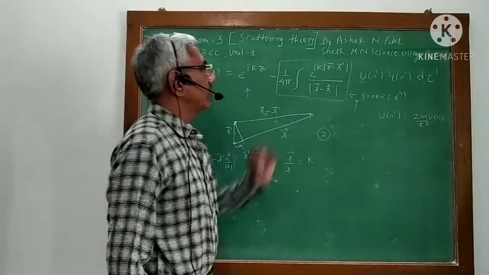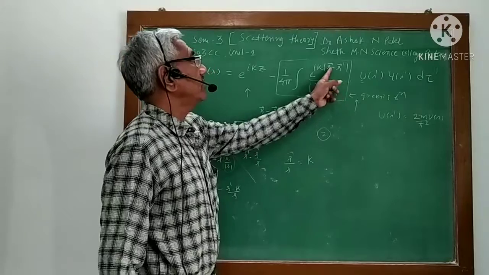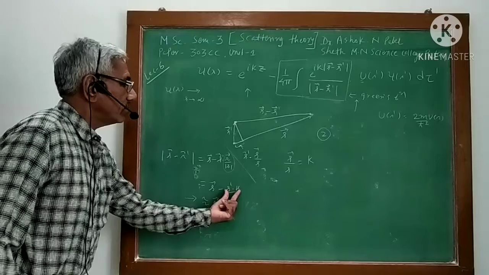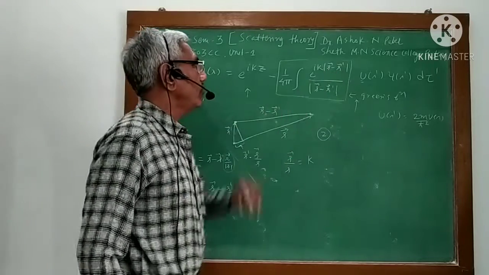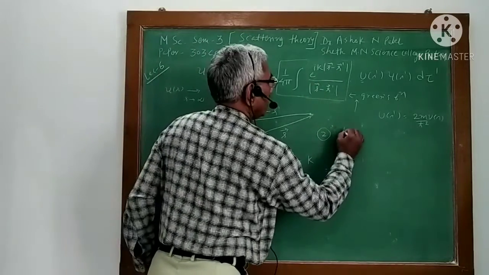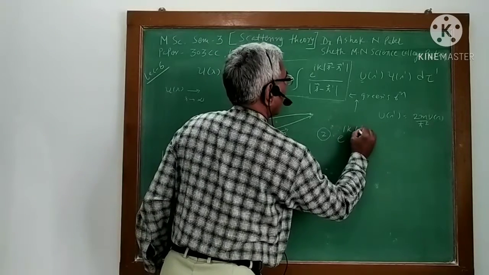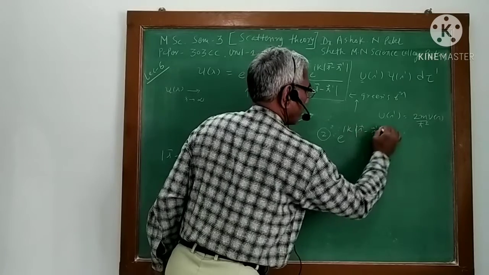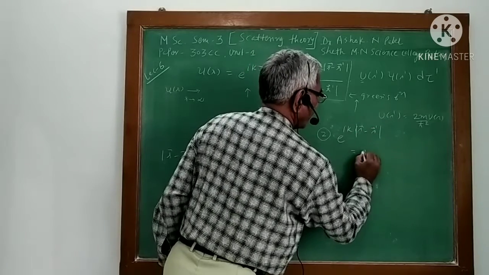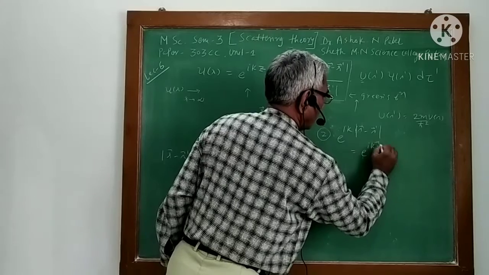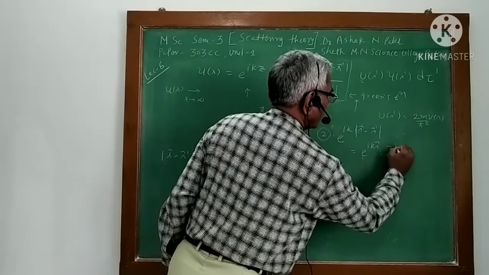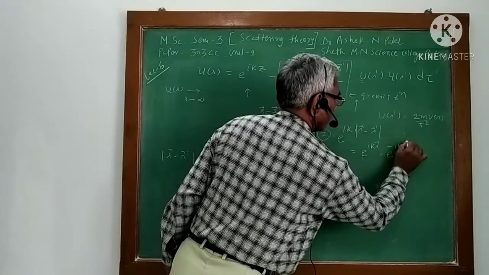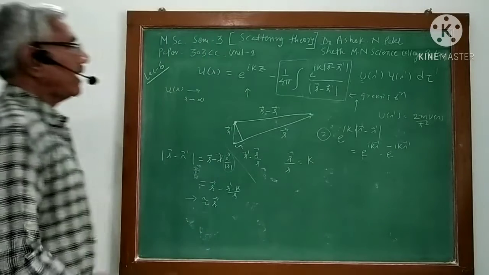But here, since this term is in the exponential, even if it is small, you cannot neglect it like this. So now this term will be e raised to i k (r minus r dash), which is equal to e raised to i k r into e raised to minus i k dot r dash.